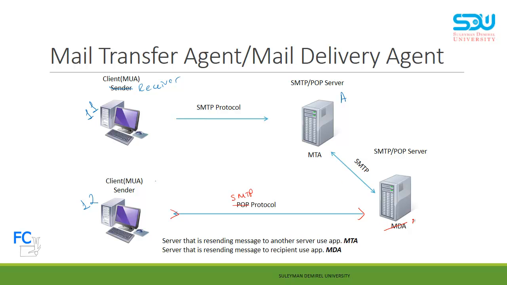Here we'll have the role of our server, which will be called the MTA. Between the two servers, the arrows are not changed. The MTA role will be changed to the MDA because it is going to be the delivery server, and the arrows will be changed here also, and our protocol will now be called POP. And this is the same MUA. That is how the SMTP and POP protocols function.